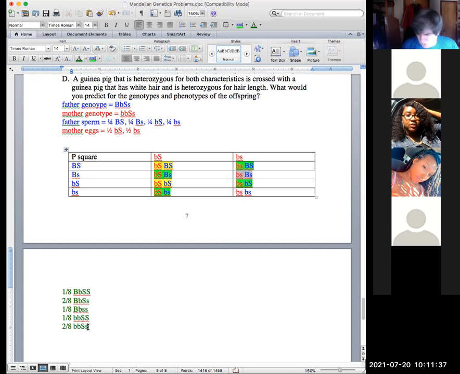And then finally, I've got one down here. I don't think I need to highlight it. It's the last one. It's 2 little b's, 2 little s's.